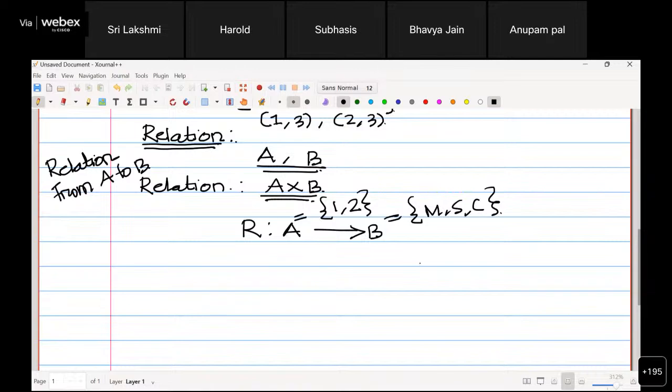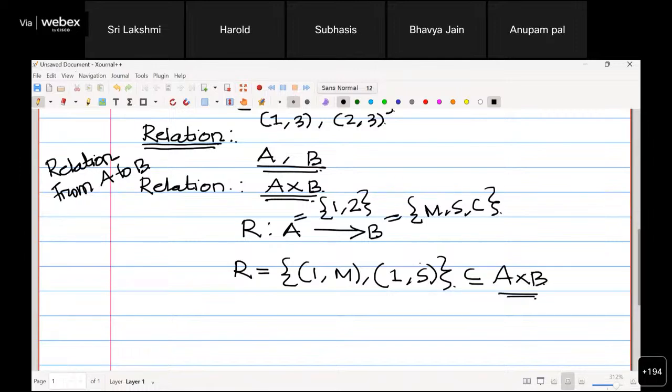Let R be {1M, 1S}. This is a subset of A times B, so this R is a relation.